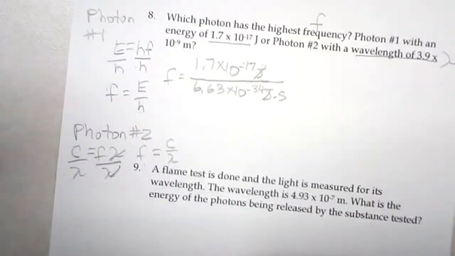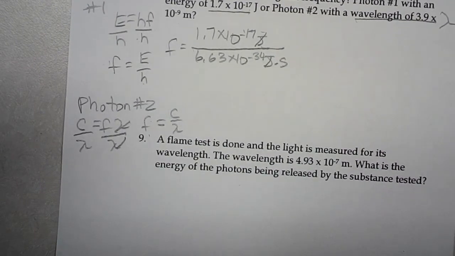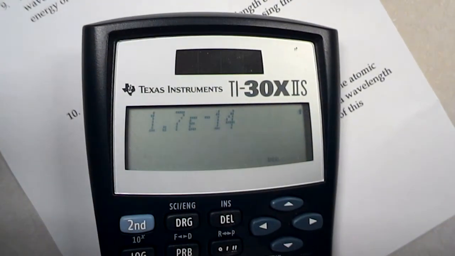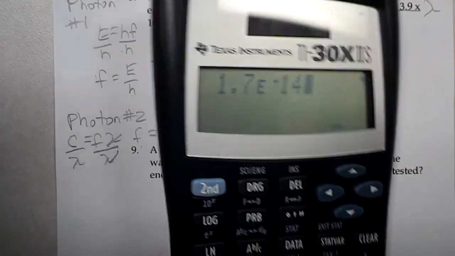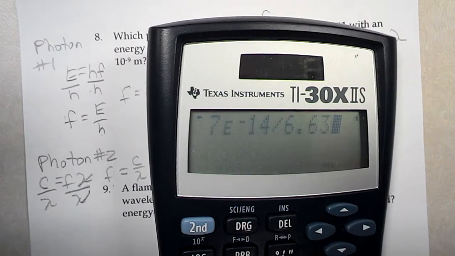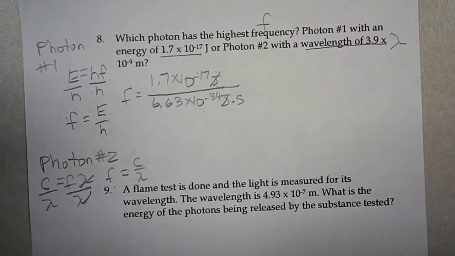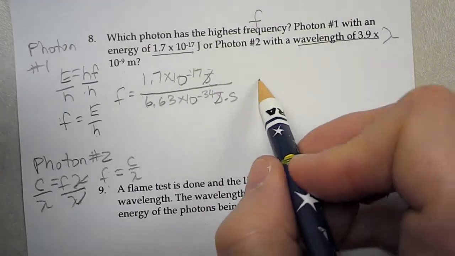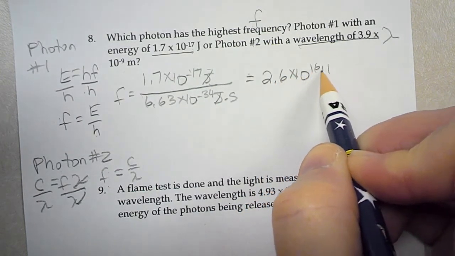Okay, and so it looks like that. Okay, and I'm going to take that number and divide it by Planck's constant. So divided by 6.63 times 10 to the negative 34. Okay, and then whenever I get the answer, I round it, and so I get 2.6 times 10 to the 16th hertz, or per second.